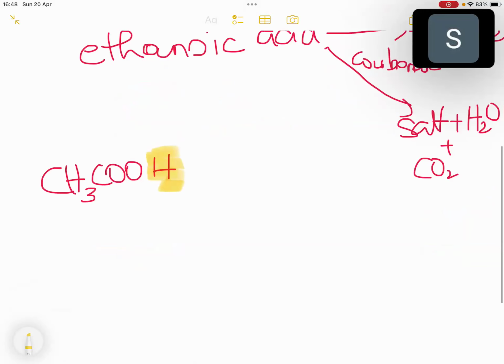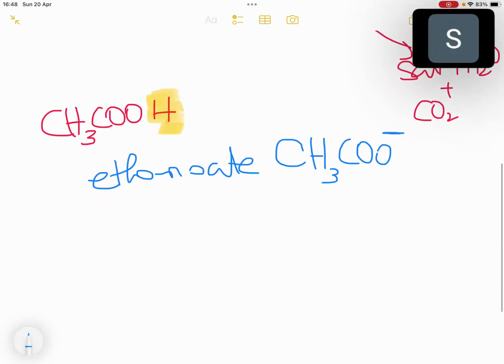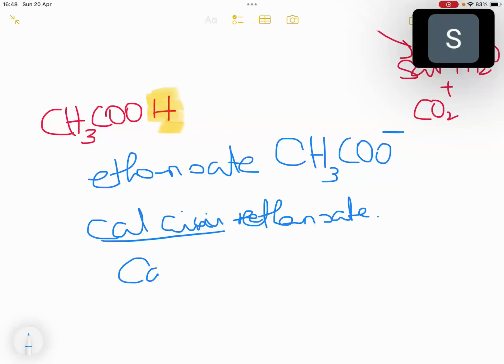What we also need to know is that the ethanoate ion is CH3COO minus. So it has only one negative charge. So if we form a compound like calcium ethanoate, calcium has a 2+ charge. The ethanoate ion is CH3COO minus.